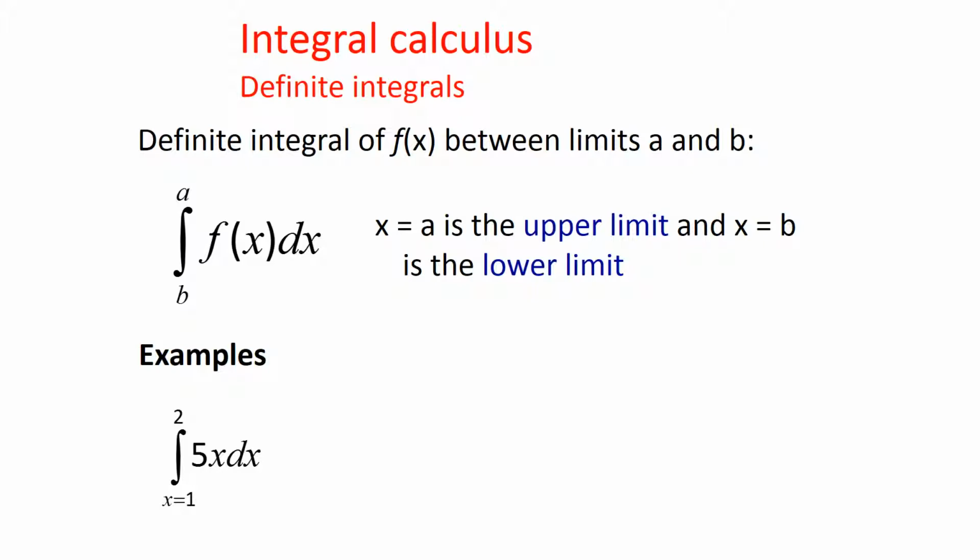So 10 minus 5 halves. 5 halves is 2.5. So that's going to be 7.5.